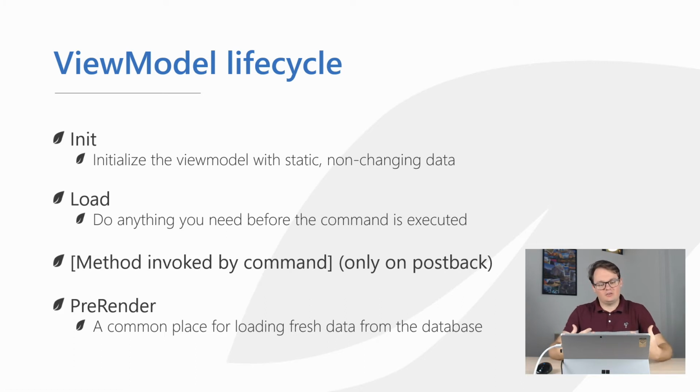So that's why you should do most of the database work in the pre-render. This naming is taken from web forms. We wanted to keep it similar to web forms, but do not load data in load. Load the data in pre-render. I know it's a little bit confusing, but if you have been working with web forms, you probably know the reasons why it's not a good idea to load the data in load.